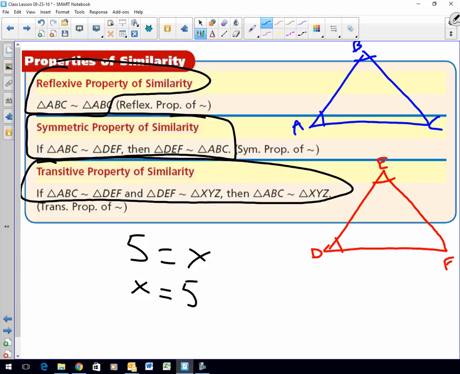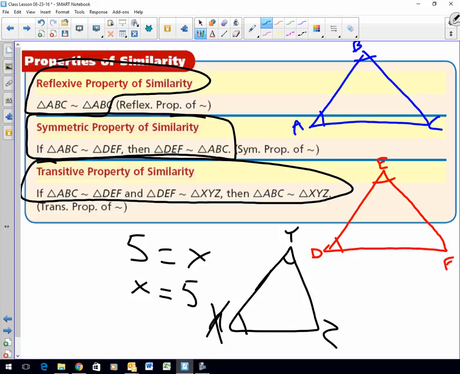Our last one is the transitive property. Here's the transitive property. I've got my two triangles, ABC and DEF. Now I create a new one, XYZ. Since ABC is similar to DEF and DEF is similar to XYZ, XYZ is similar to ABC.